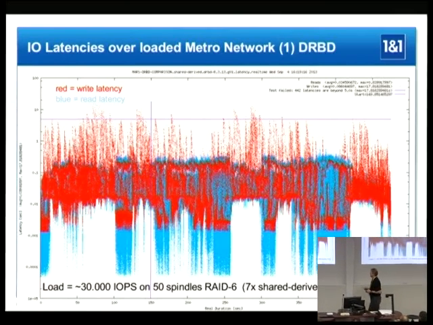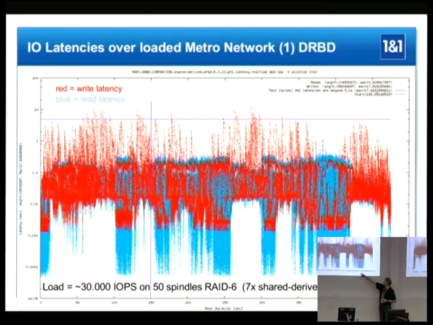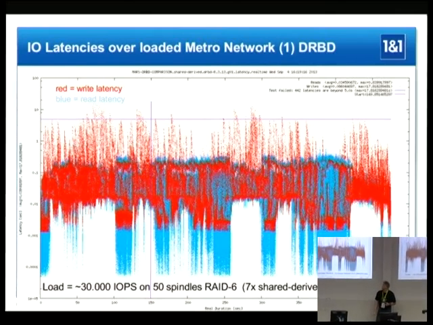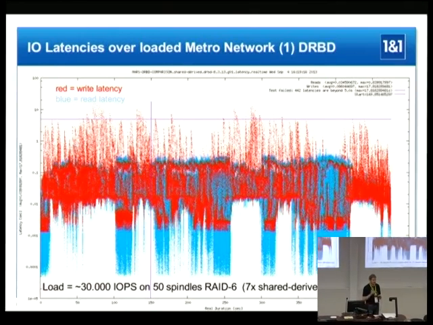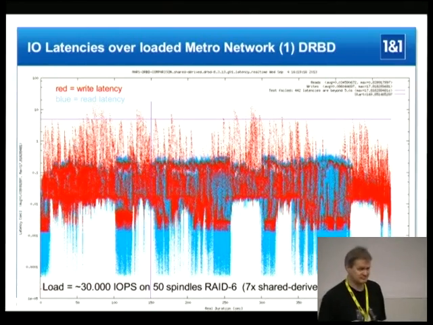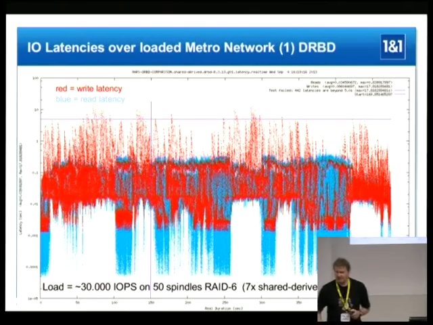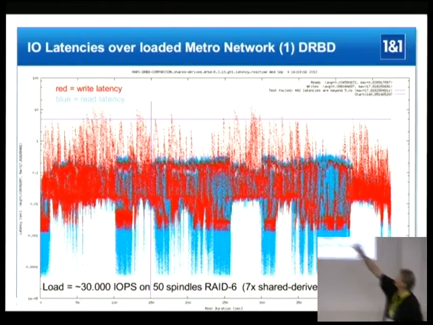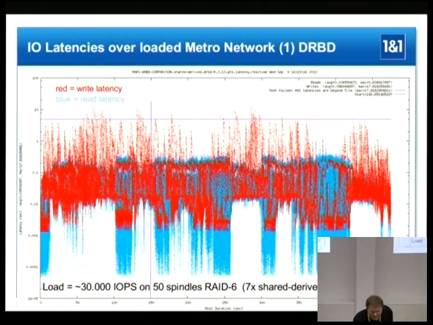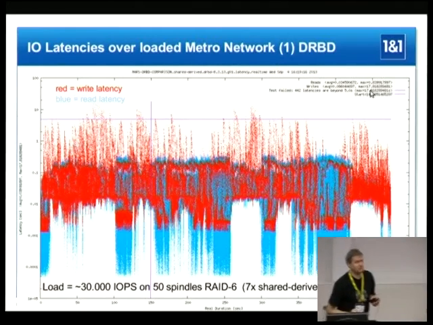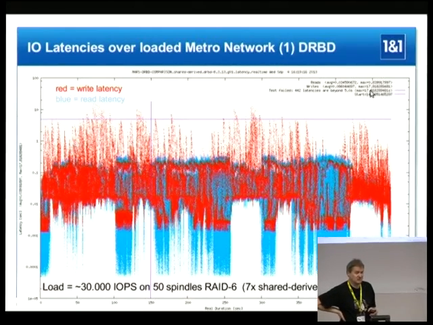And parallelism is 7 devices in parallel. And here we are using DRBD on a metro distance line, about 30 or 40 kilometers. What you can see here is the latency diagram of the writes. Some of the writes, the maximum here is 70 seconds. So there was one request which took 17 seconds.